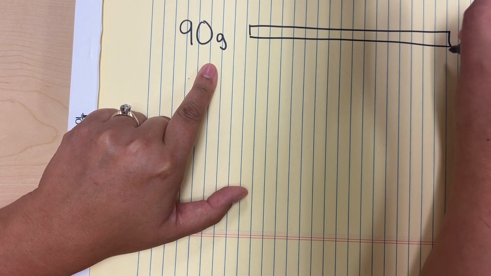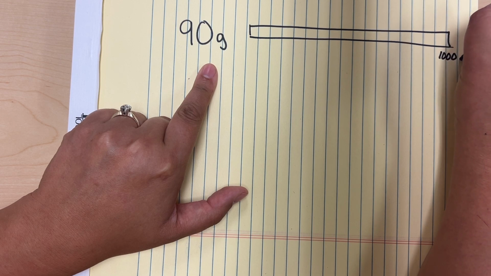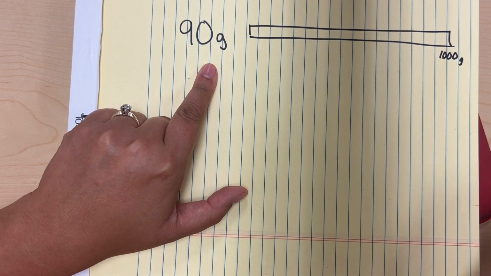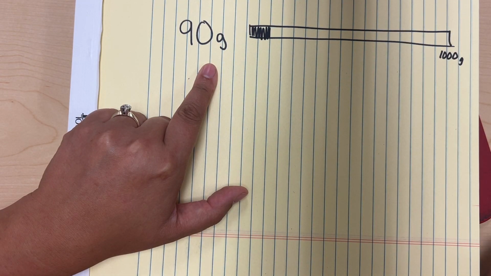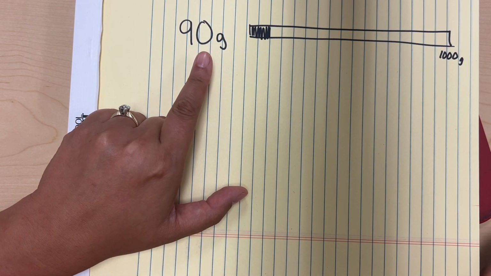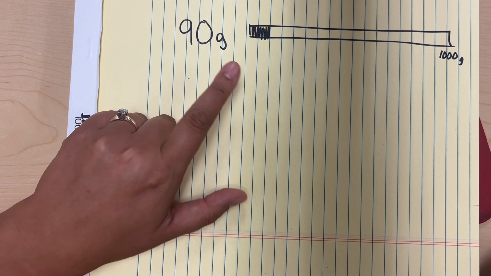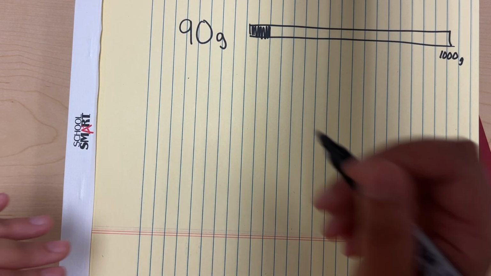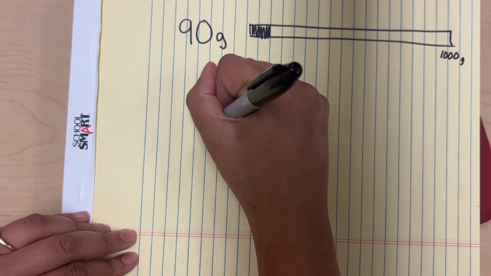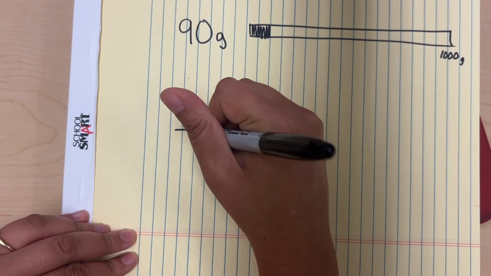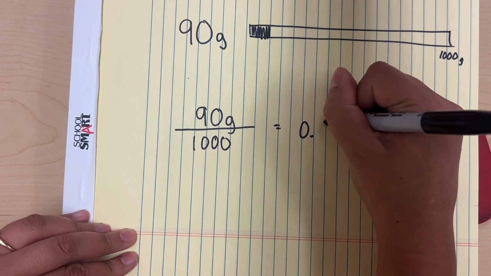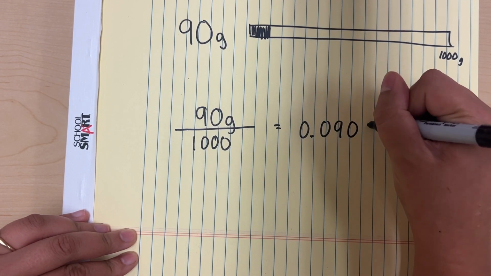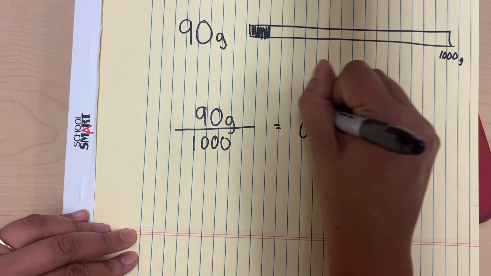If this is 1,000 grams to make 1 kilogram, well, 90 grams is only a tiny fraction of that, right? So I'm going to be dividing by 1,000 to get that tiny fraction. To turn grams to kilograms, I'm going to divide by 1,000. So I'm getting this nice tiny fraction of a kilogram.